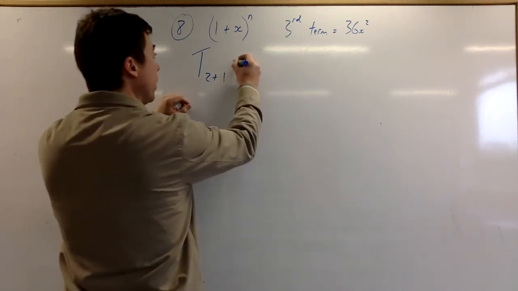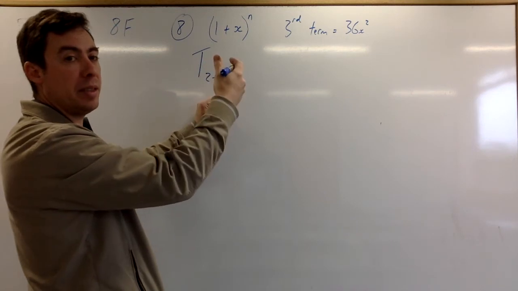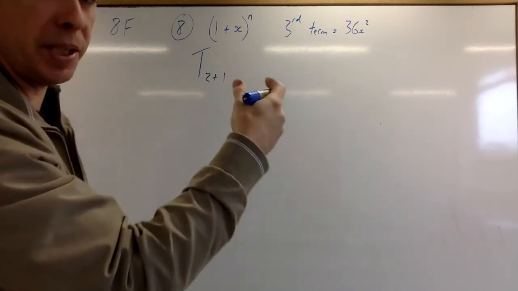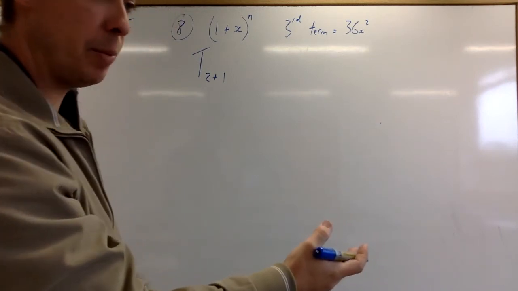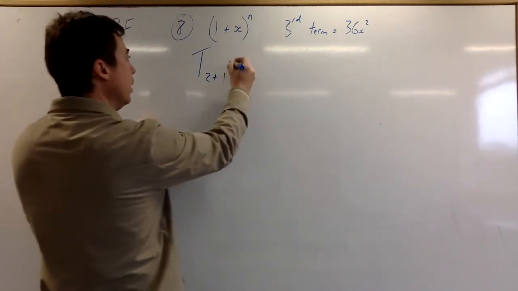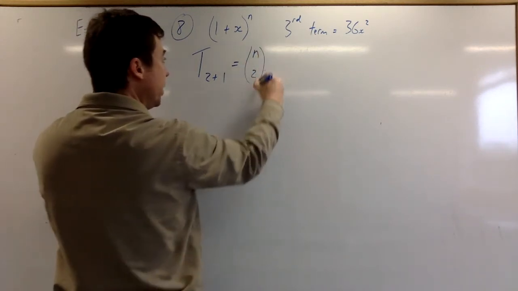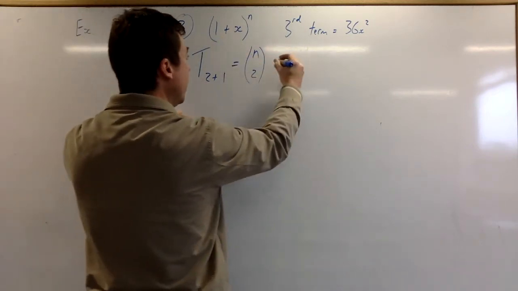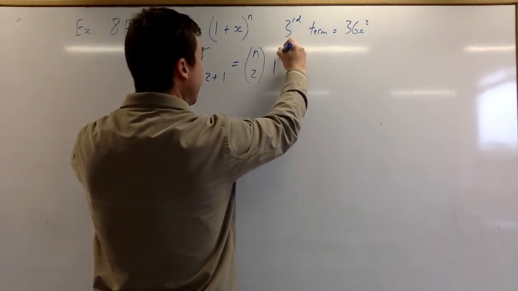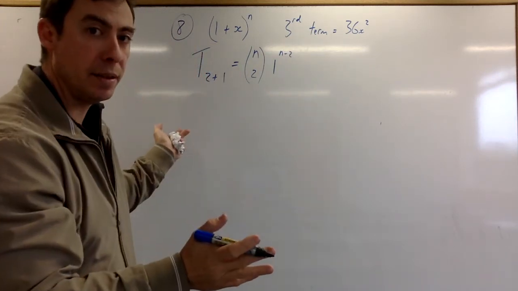So in previous questions we didn't know what the r was. In this question we don't know what the n is, but we do know what the r is, right? So we've got n choose 2, because we've just discovered that r was 2. We've got 1 to the power of n minus 2, which is just 1, right?